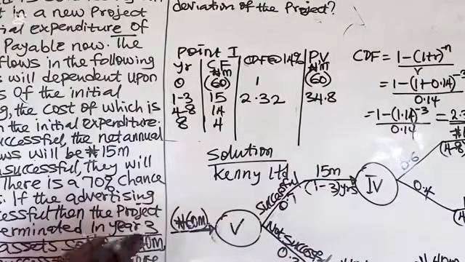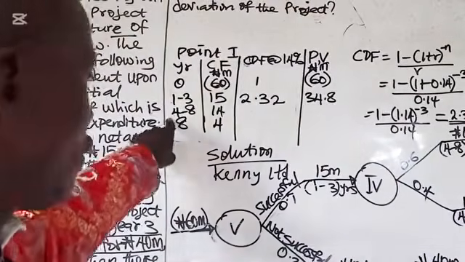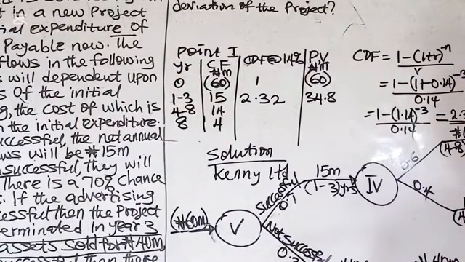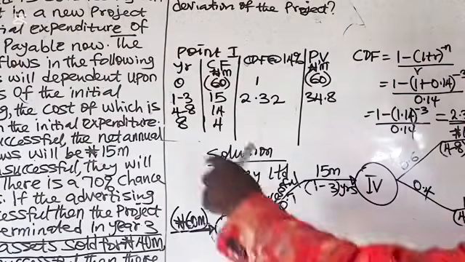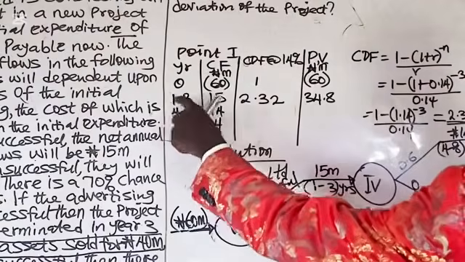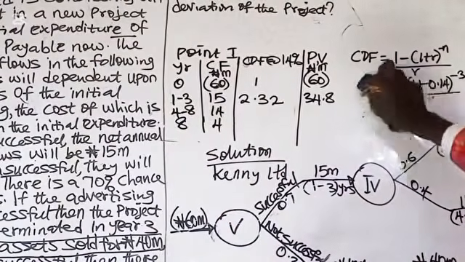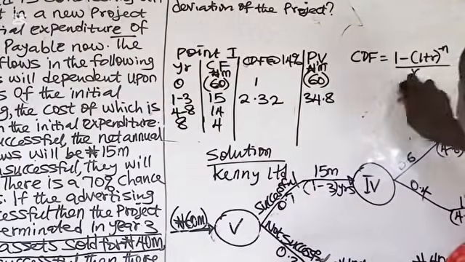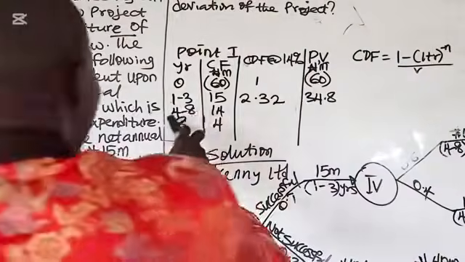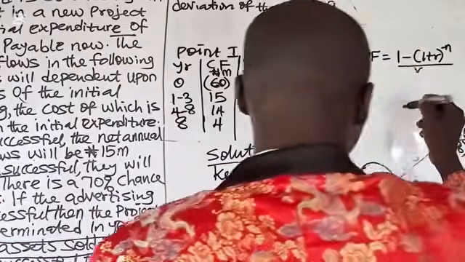Now, you need the cumulative discount factor for year 4 to 8. How do we do this? The first thing you should do is calculate for year 1 to 8, the way we calculated year 1 to 3. Take your r to be 14% and n to be 8.